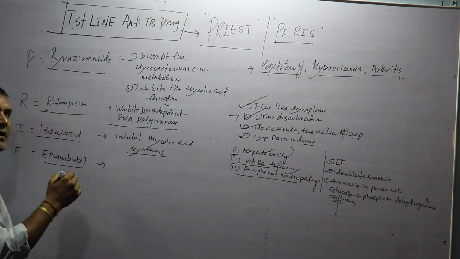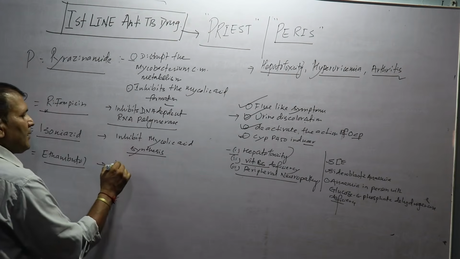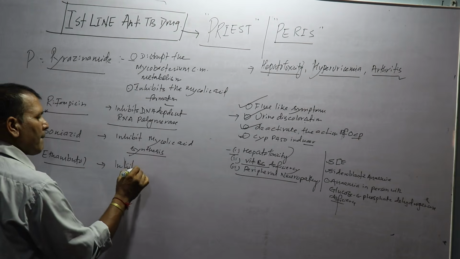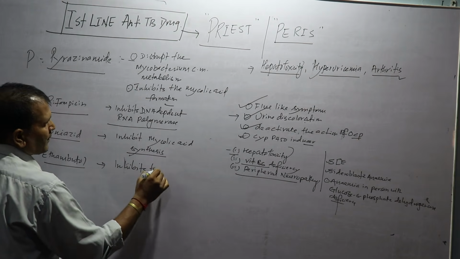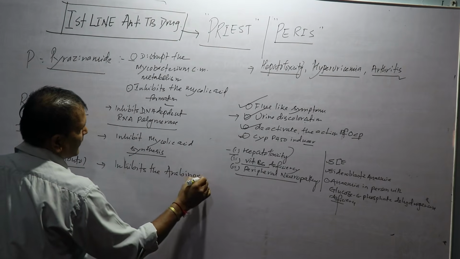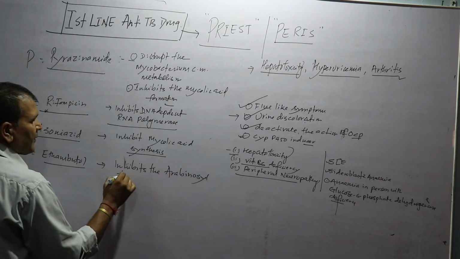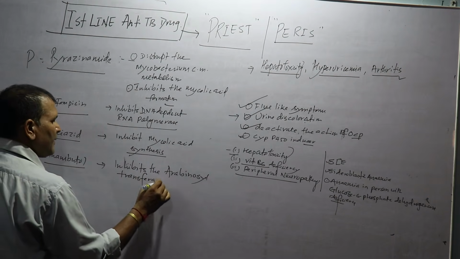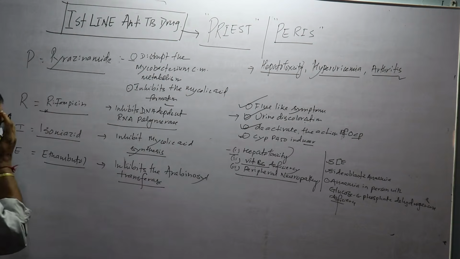The mode of action of ethambutol is that it inhibits arabinosyl transferase. This is the enzyme necessary for synthesis of the arabinogalactan layer, which is also a key component of MTB.